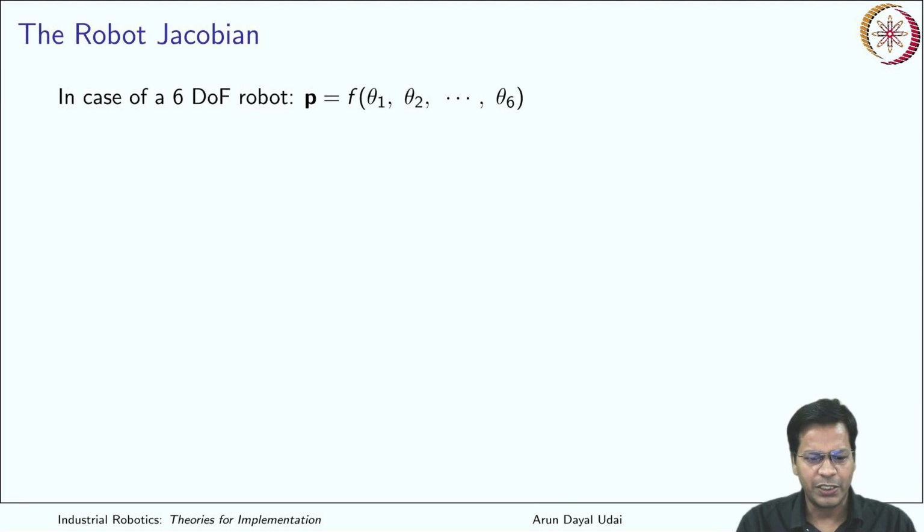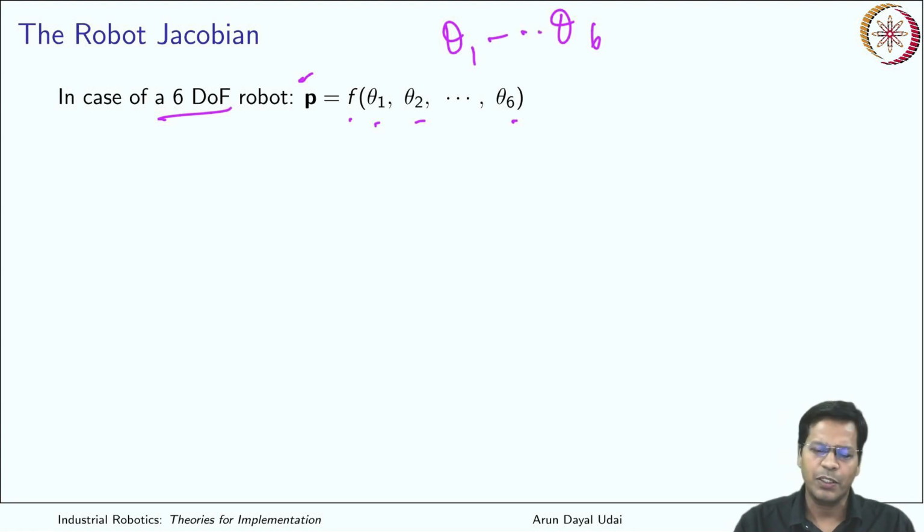In case of robotics, let us say it is a 6 degrees of freedom robot. The end effector position is a function of joint angles. A 6 degrees of freedom robot has 6 joint variables, theta 1 to theta 6, at least in case of a revolute jointed robot. Output is a pose, so it is basically position and orientation.